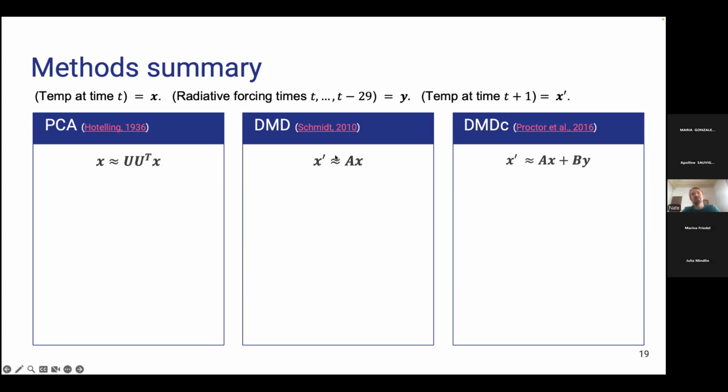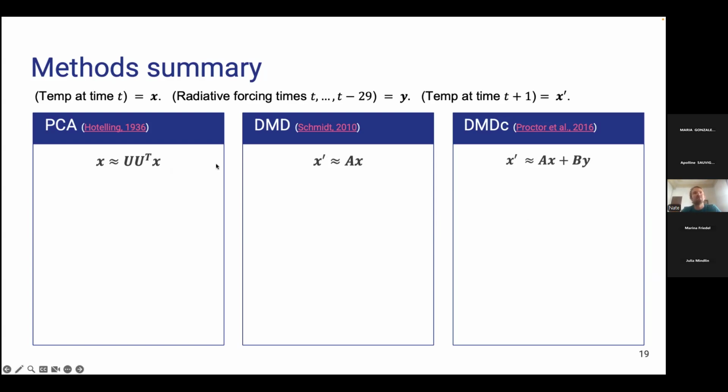Dynamic mode decomposition has some time series going on in its model, where you say that the temperature at time t plus 1 is a linear function of the temperature at time t. So at each year, if you map the temperature at time t linearly, you get the temperature at time t plus 1.